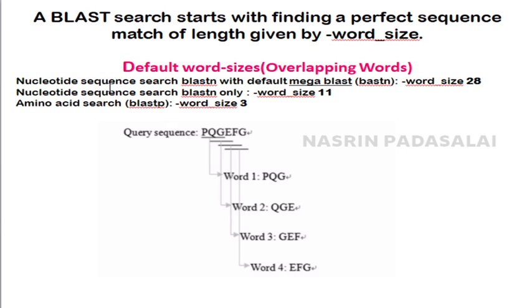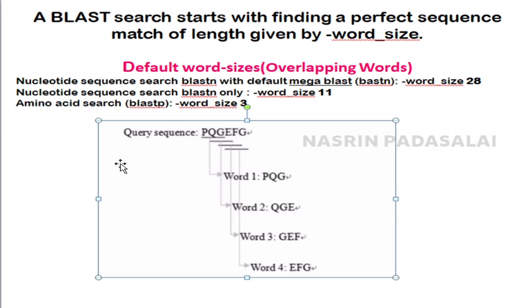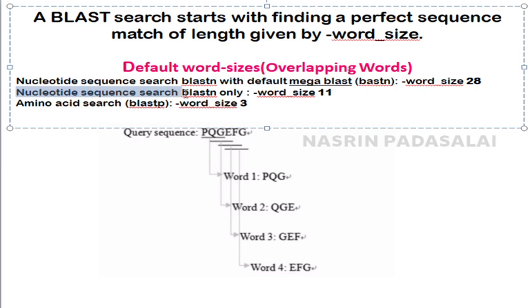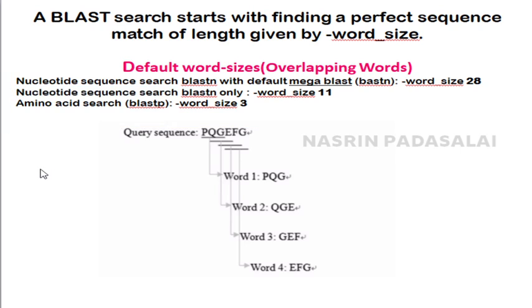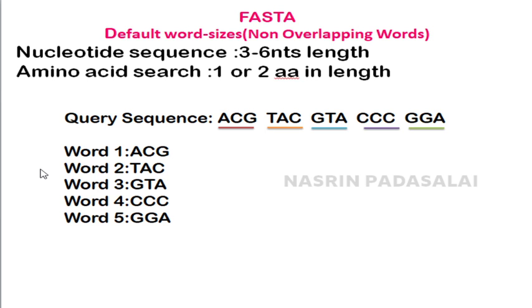For nucleotide search using megablast, the default word size is 28 nucleotides. Here you can see a 3 nucleotide length, whereas this is for protein. For amino acid sequences, the default word size is 3, whereas for nucleotide sequences using BLASTN, the word size is 11. Eleven nucleotides it will be searching, whereas for a nucleotide database using megablast, the word size is 28.